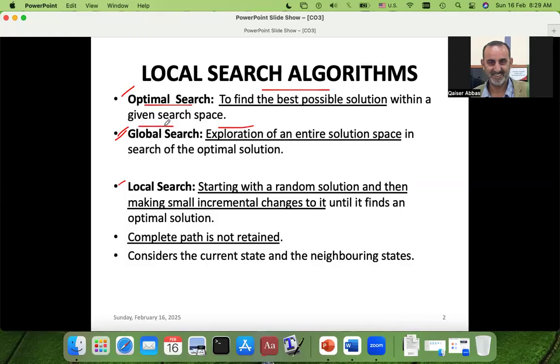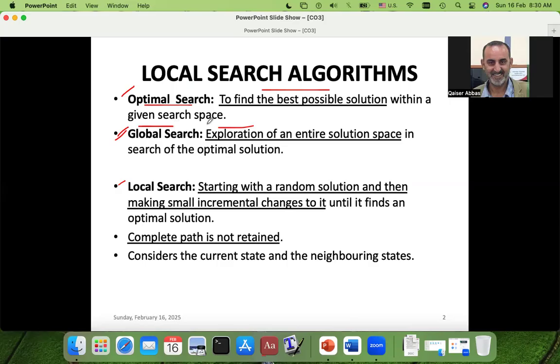And here in this global search, we will search for the global maximum. And we will see the definition of global maximum, okay? That is like the maximum number in an array. If I say the minimum number in an array, that is a kind of local minimum. This is not an exact example, but I'm just giving you a hint to start with.